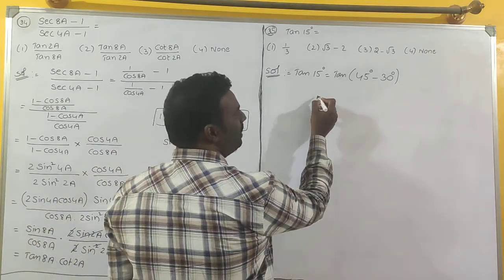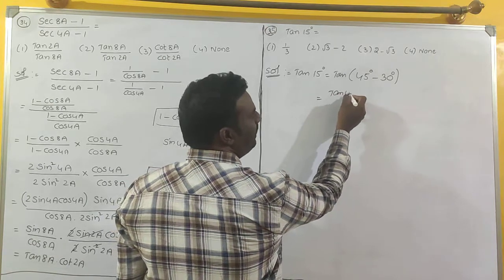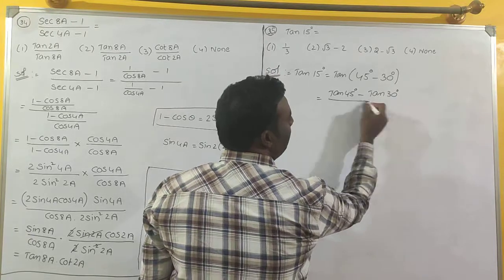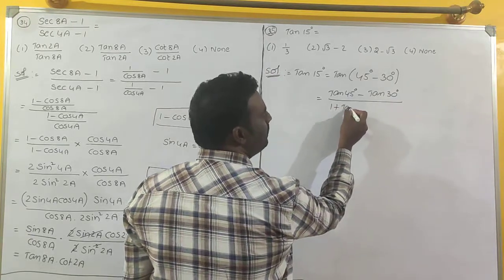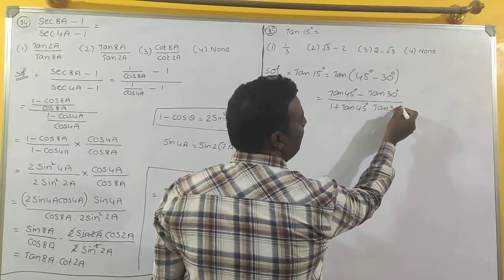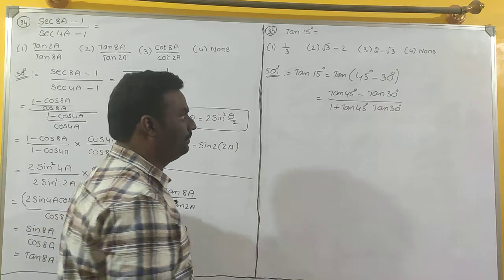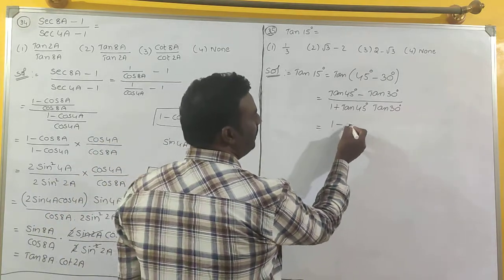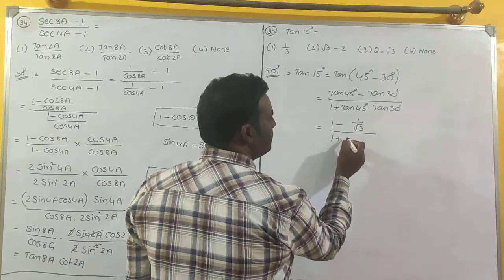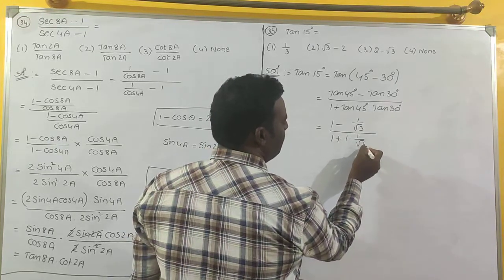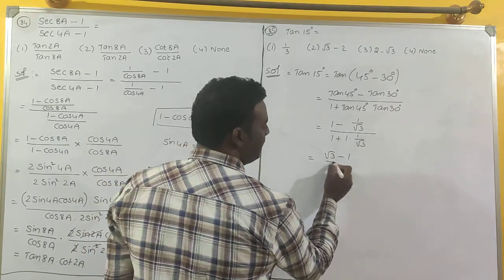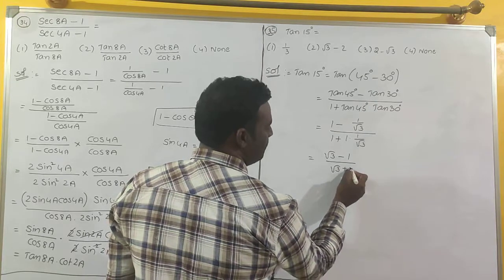The formula is (tan a minus tan b) by (1 plus tan a tan b). Tan 45 value is 1. Tan 30 value is 1 by root 3, by 1 plus 1 into 1 by root 3. From this, if you cross multiply, root 3 minus 1 by root 3 plus 1, this is the answer.